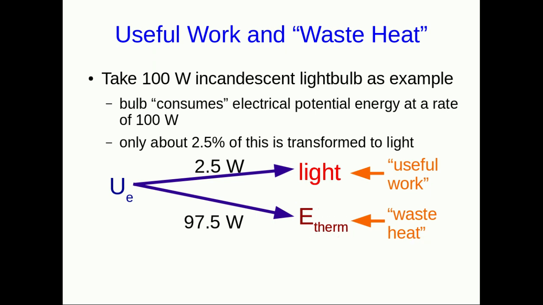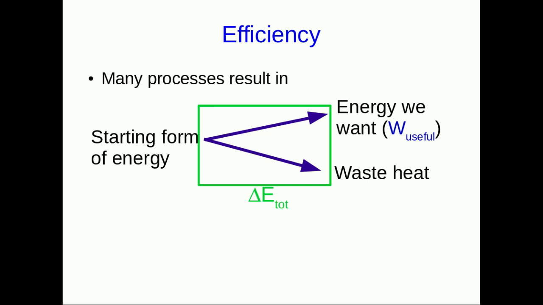thermal energy. I've already used the term efficiency when I was talking about that light bulb, and you probably had at least a vague idea of what I meant, but let's define it more precisely, because physicists actually use a precise definition for it. So many processes, like the light bulb or like pushing something across the room, result in this situation where you have some starting form of energy, like the electric potential energy for the light bulb or the chemical energy stored in your cells, in the case of you pushing something.